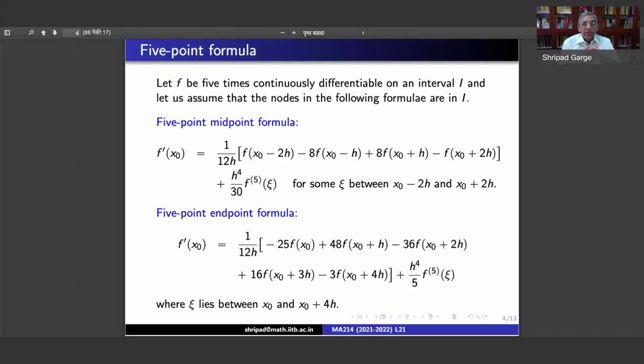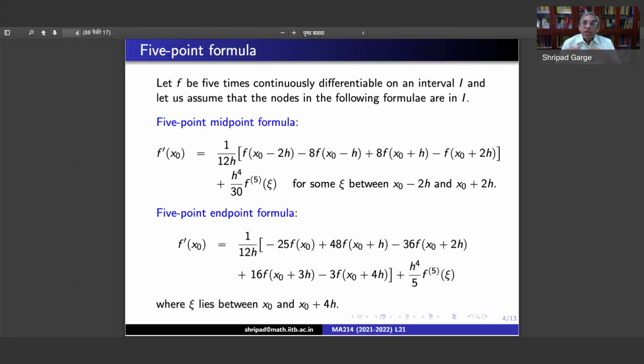Okay, so as expected, here the error is of the fourth order, and so in fact, if you apply this formula to the example natural logarithm of x for x equal to 1.8 and h is 0.1, then the error will be of the order of 0.0001.